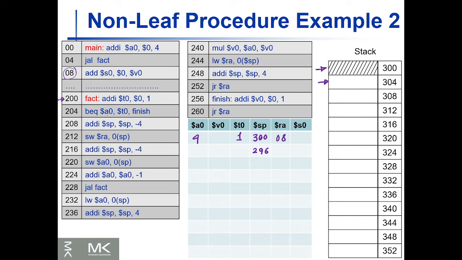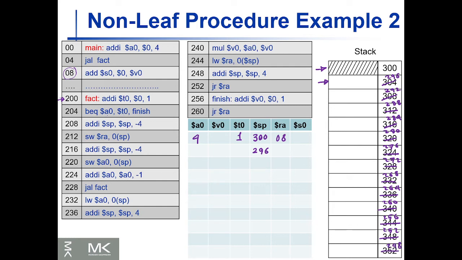So this is basically some mistake here, so this should be 296, 292, 288, 284, 280, 276, 272, 268, 264, 260, 256, 252, 248.